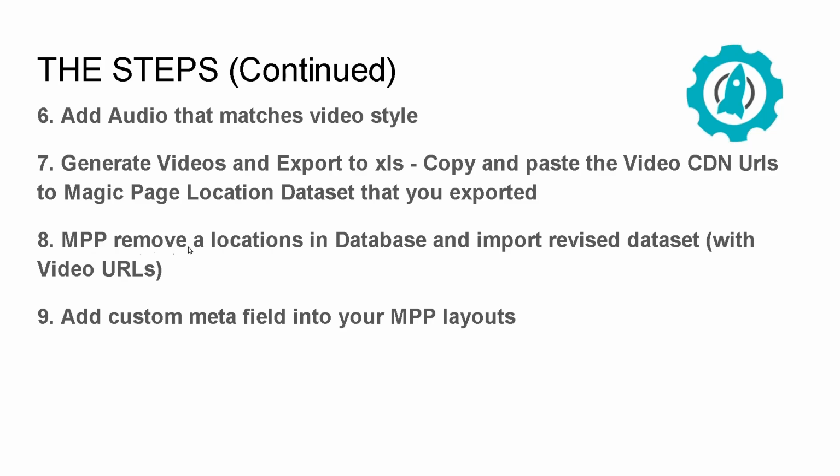You remove the location database in MPP and re-import the revised dataset with the video URLs. That gives you URLs that you can paste in as meta fields into your MPP layouts. If you're thoroughly confused, let me know, put in the questions, yes, confused, or let me know if you got it.